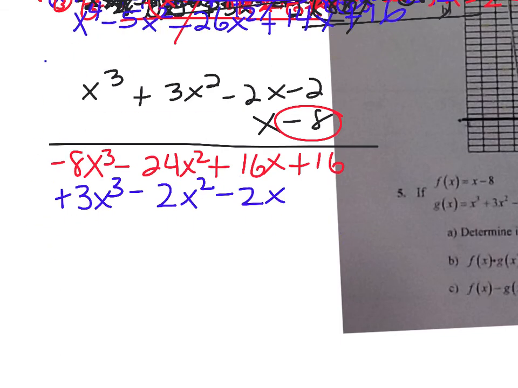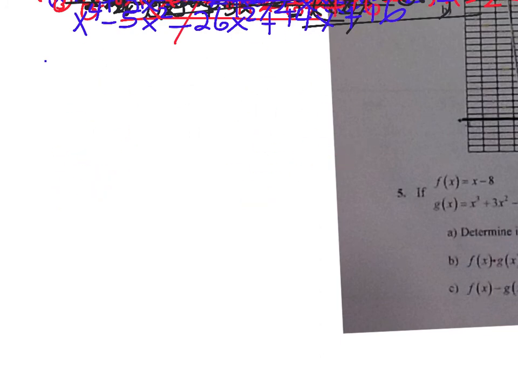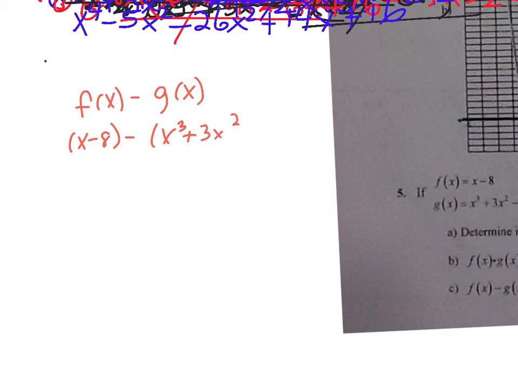All right, and then the last one is to subtract f of x minus g of x. All right, so f of x is a binomial, so it's x minus 8, minus g of x, which is x to the third plus 3x squared minus 2x minus 2.